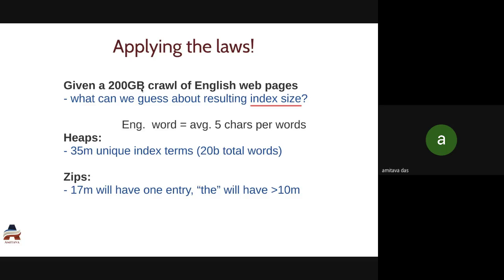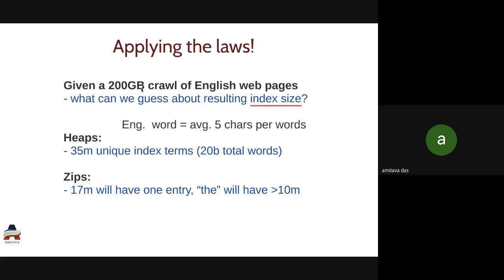So with 200 GB of data, you can typically think your word size is 4 to 5 characters, so you can calculate how much space one word will take. So how many total words are there?